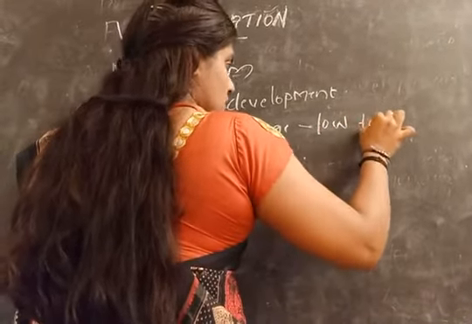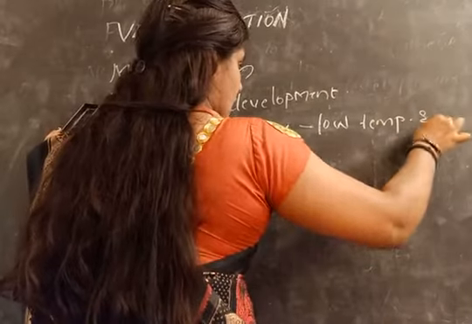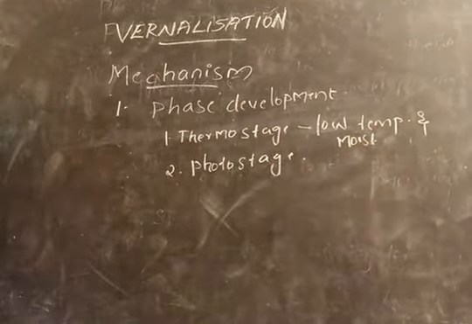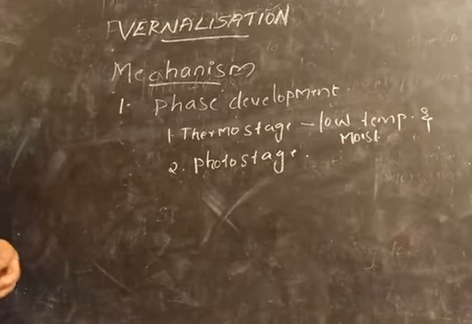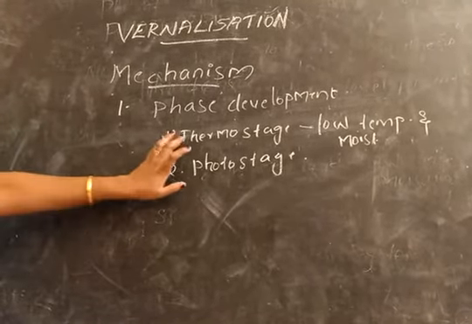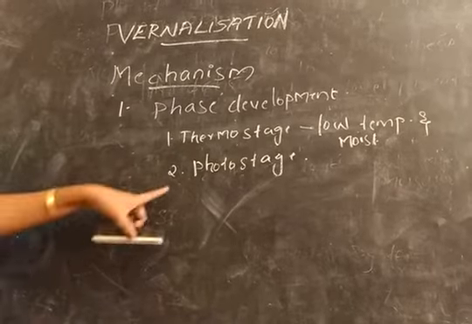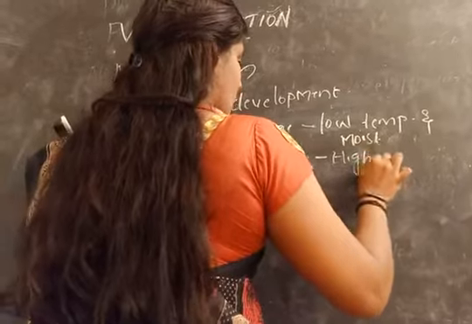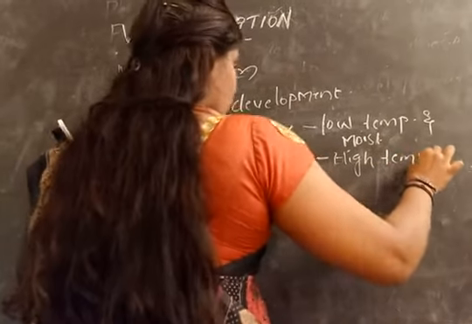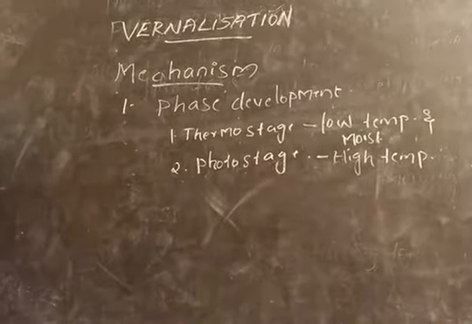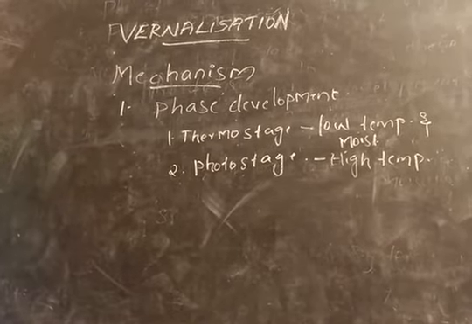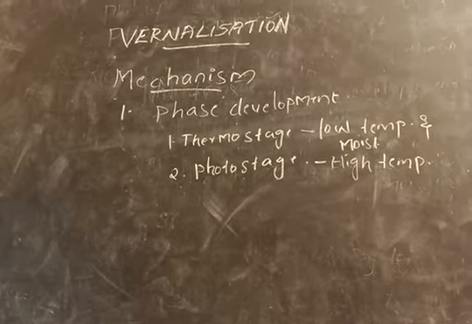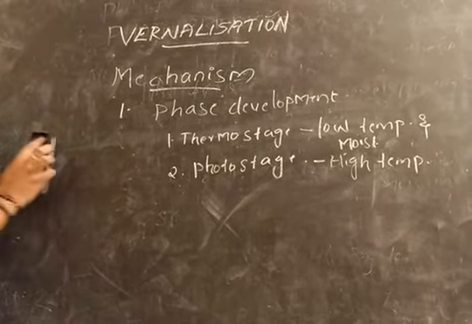In photostage, the plant requires high temperature for the production of the floral hormone called florigen. So these are the hypothesis of phasic development, whereas the hypothesis of hormonal involvement says the following.